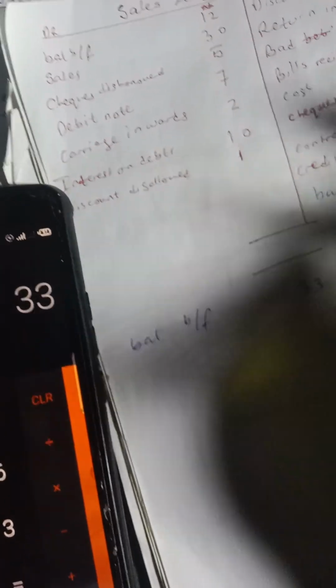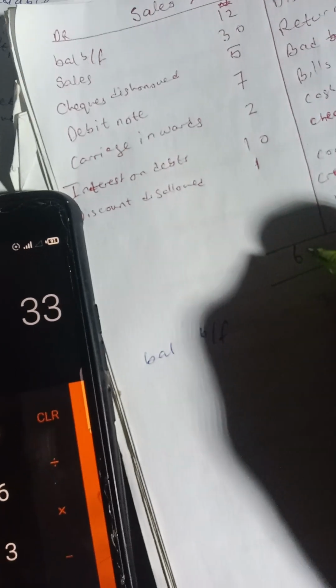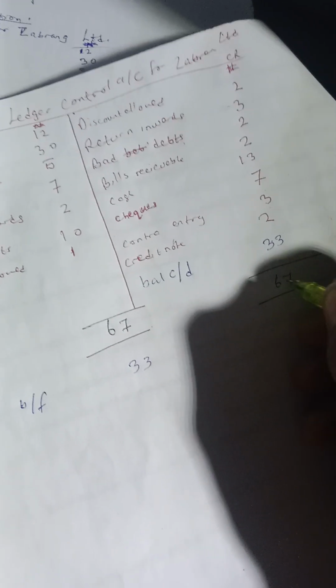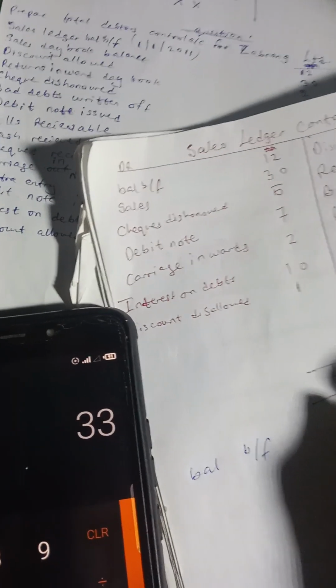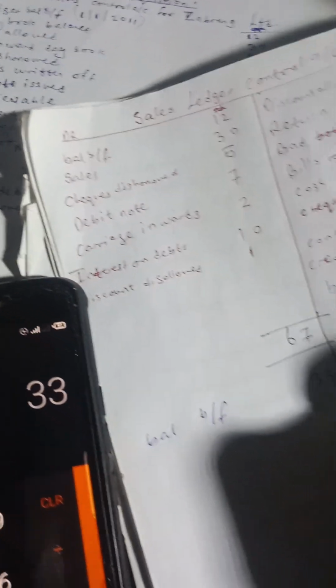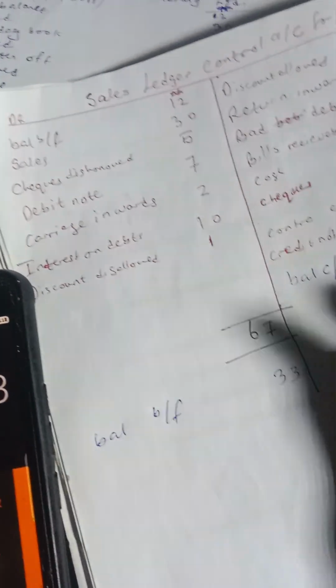We have 67 on both sides, and that's all. We are done. Simple as it is. Thank you very much.